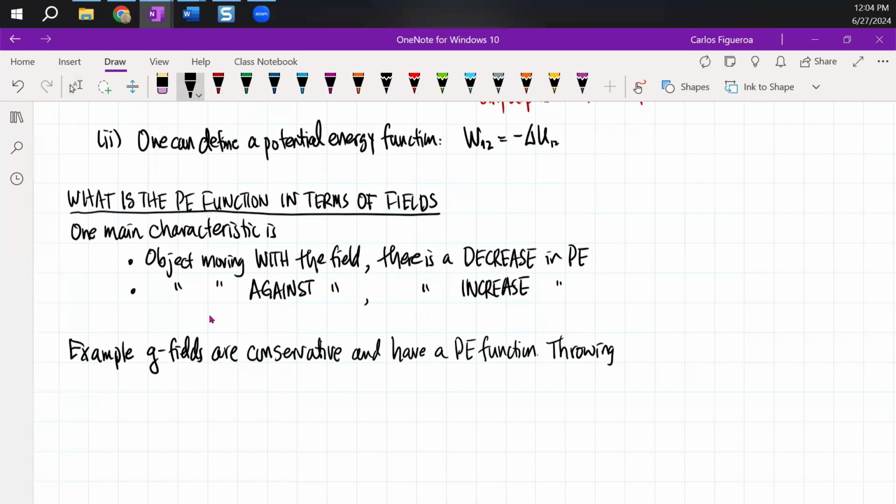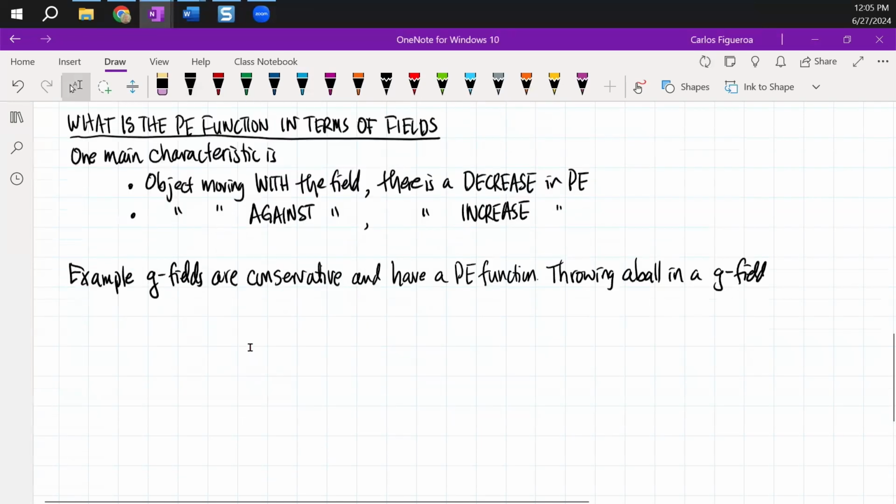Throwing a ball in a G field can then have this effect.